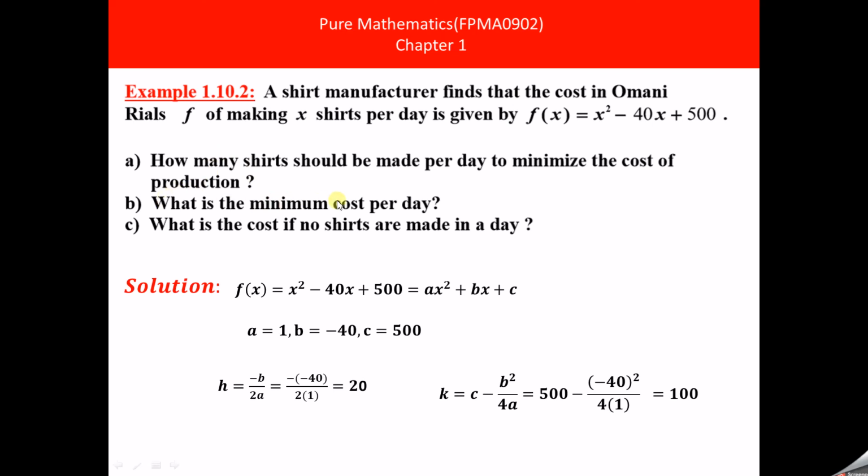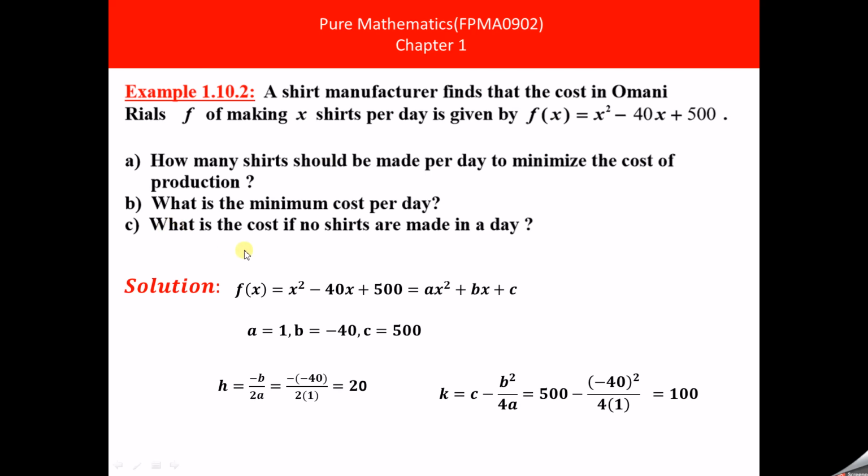Second, what is the minimum cost per day? That means the minimum value of f(x), the cost. This is just associated with the first part.